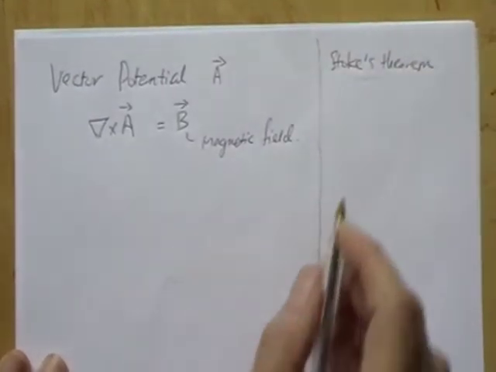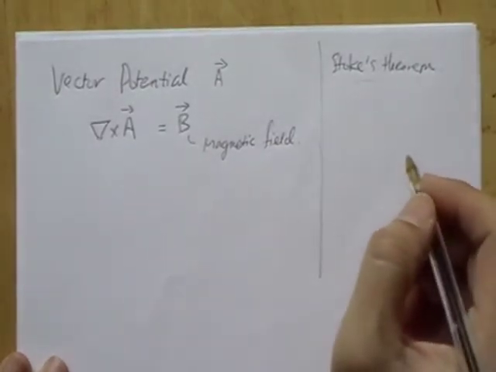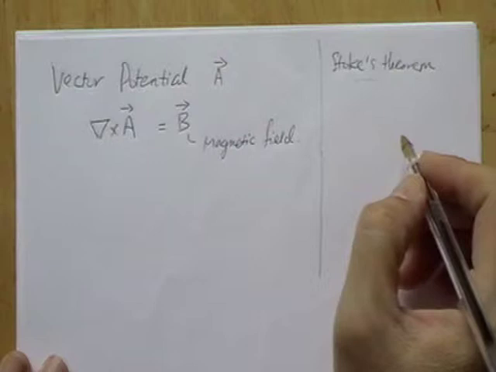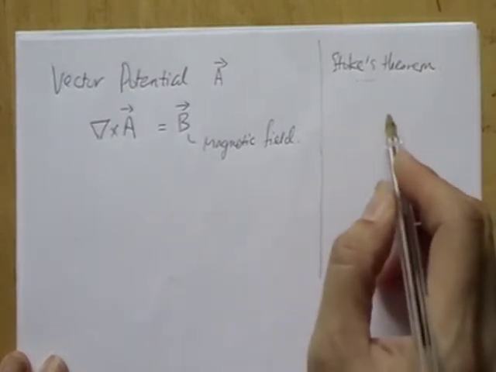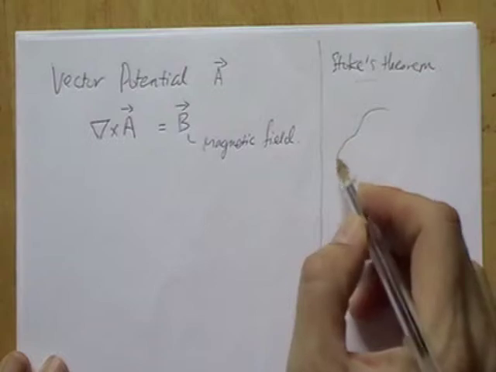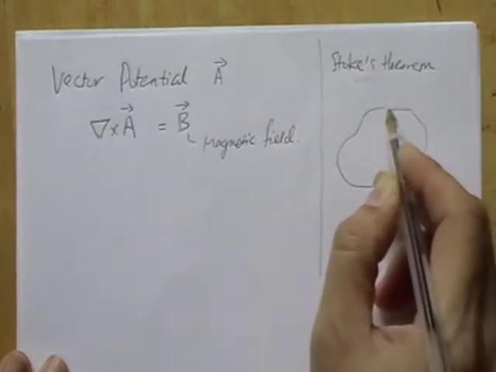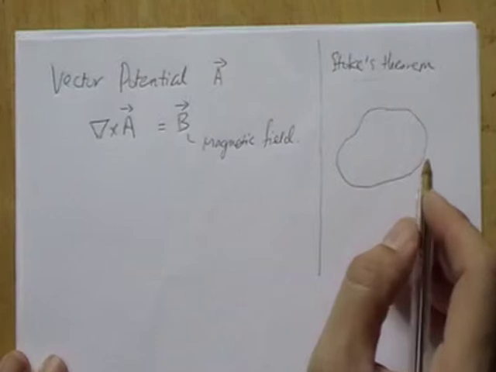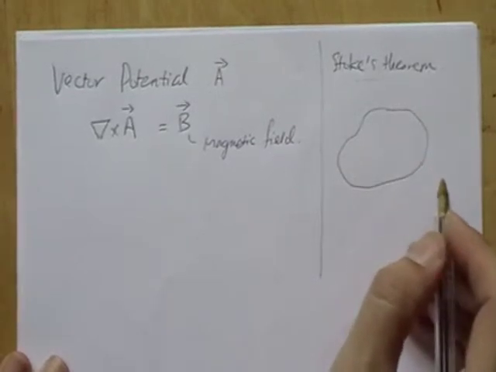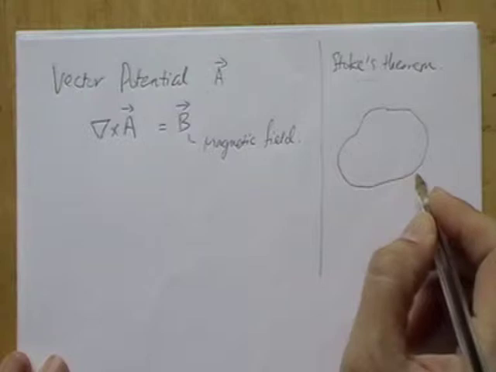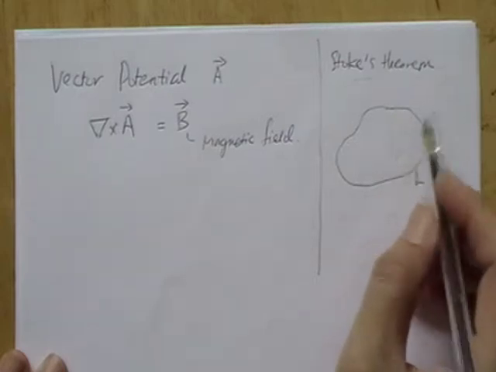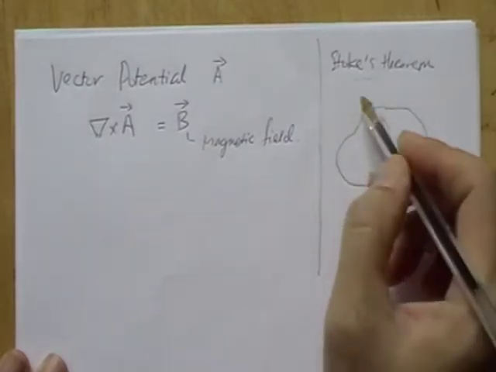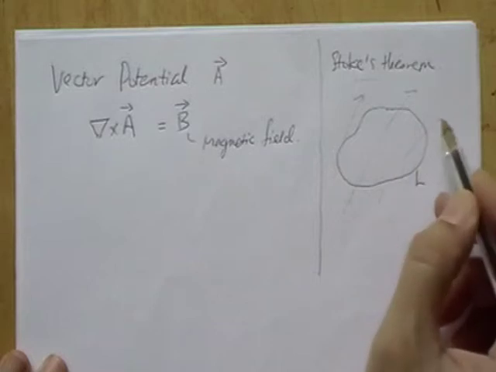So the Stokes Theorem is the result from vector calculus, which says that if I have a loop, say in three-dimensional space, let me call this loop L. Suppose that this loop is in a certain vector field.